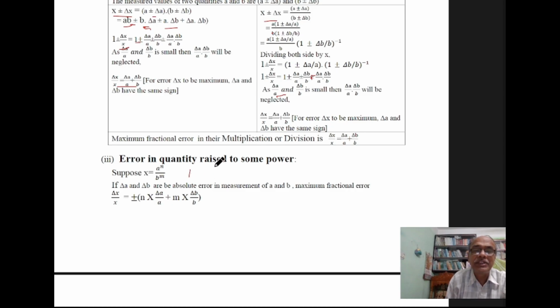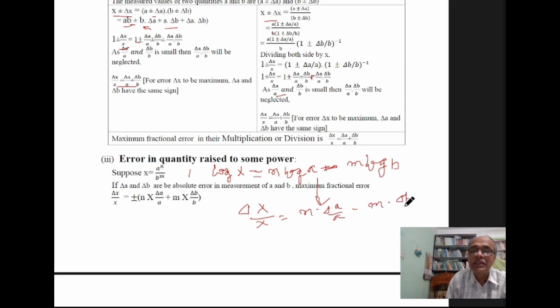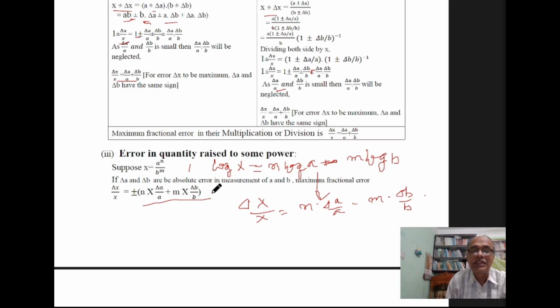Take the log on both sides, then log X equal to n log A plus minus m log B. If you take the differentiation on both sides, delta X by X equal to n delta A by A minus m delta B by B. Again we know that error will not be negative, so here it will be positive. So here we are getting delta X by X equal to plus minus, this is the error.